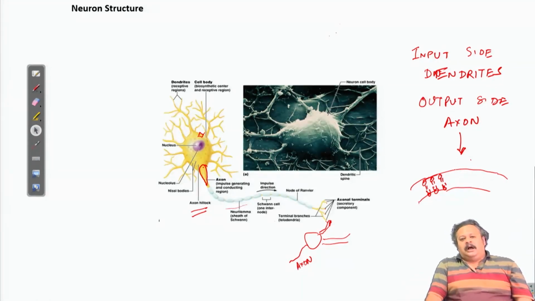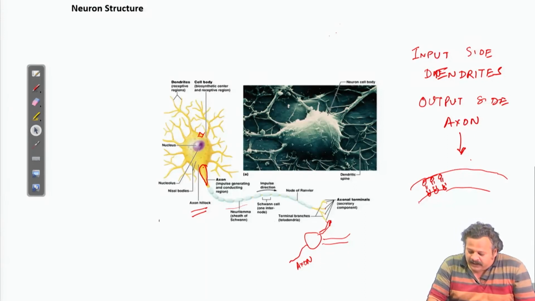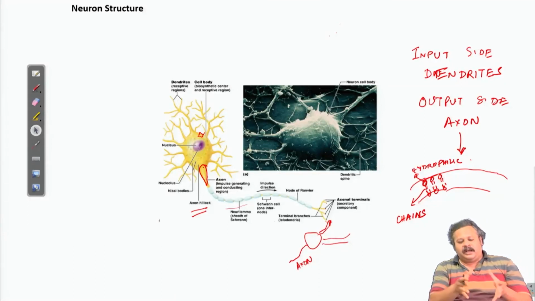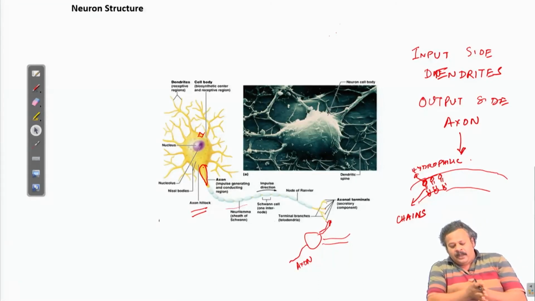The whole structure is covered with a lipid bilayer, where this circular structure is the more polar or hydrophilic part, and these chains are the hydrophobic parts which make up the inside of the membrane.